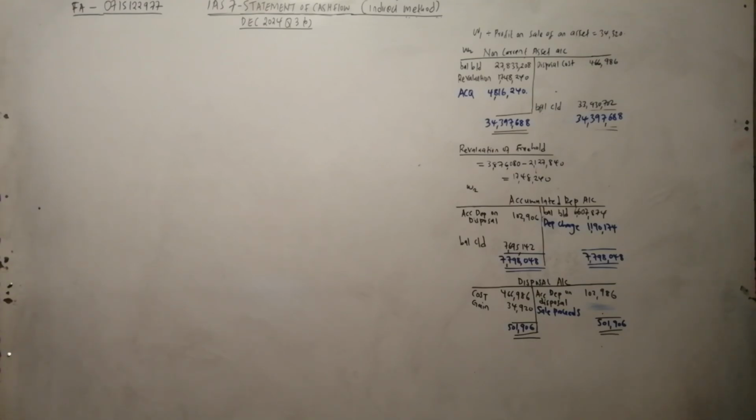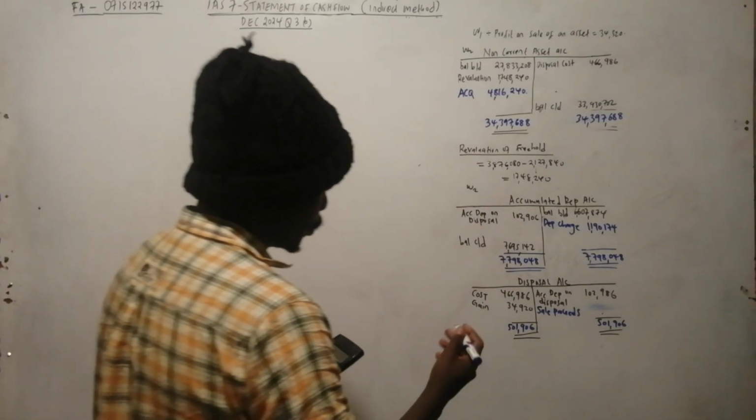Let me confirm: 466,986 plus 34,320 becomes 541,306.